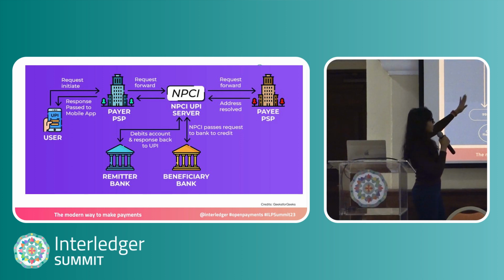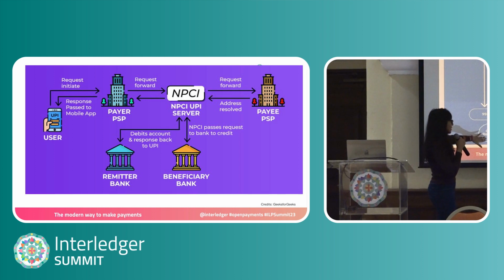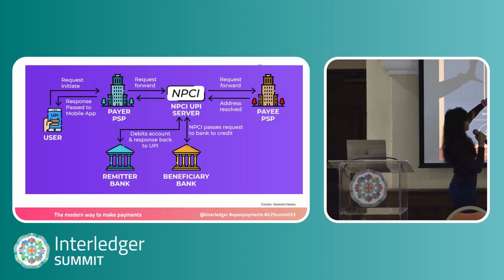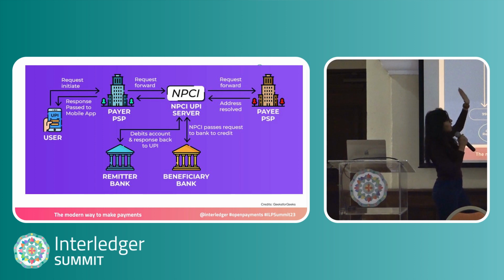All these apps are connected to the banks through a central repository which has all the information about all the banks and all the accounts that exist in those banks. This piece together is called payment service providers. Payment service providers are the amalgamation of the third-party apps and the central information about the banks.